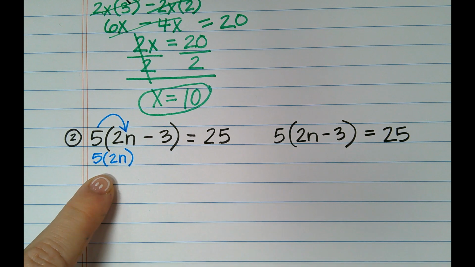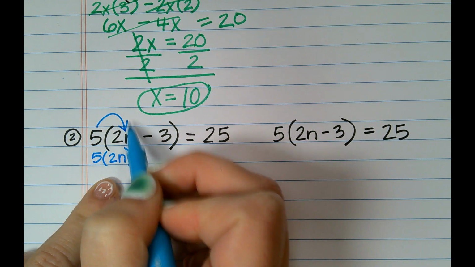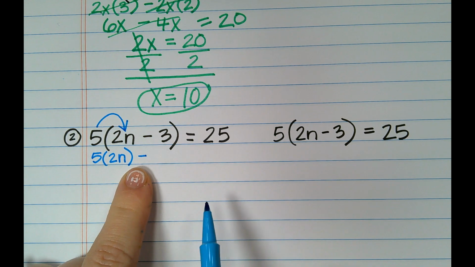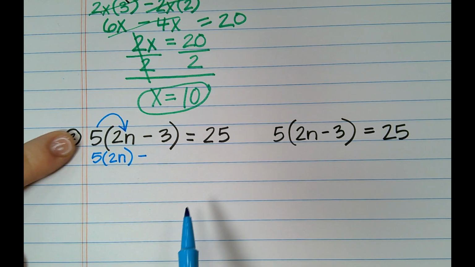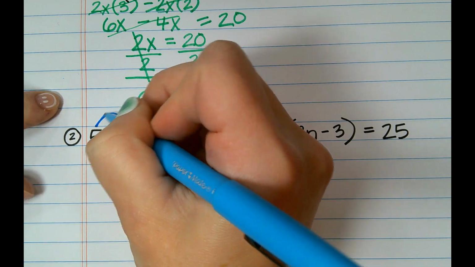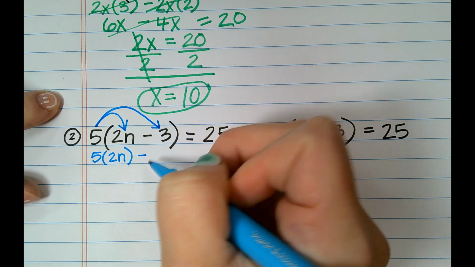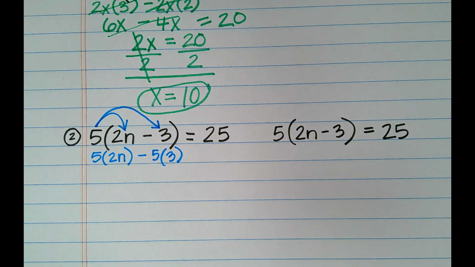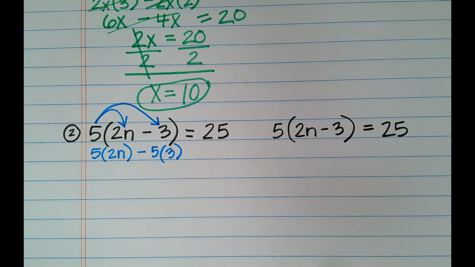But if it helps you, then go ahead and do it. So 5 times 2n, and bring down the minus, and then what other multiplication is happening? Yes, we've got the 5 times 3. So I just kind of rewrote it.